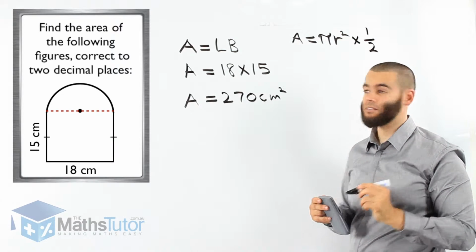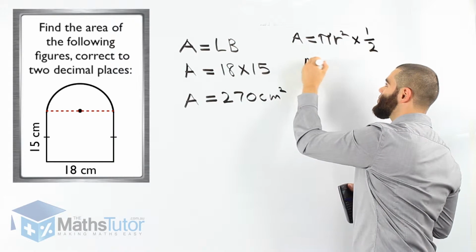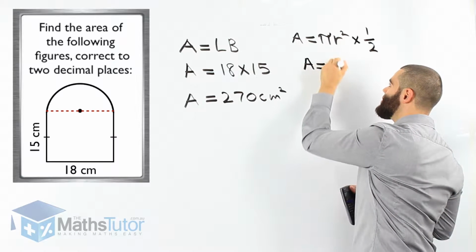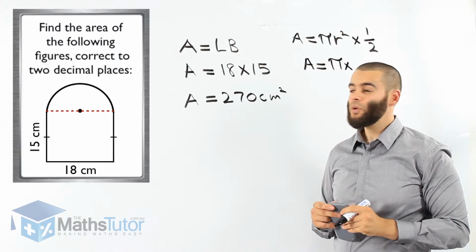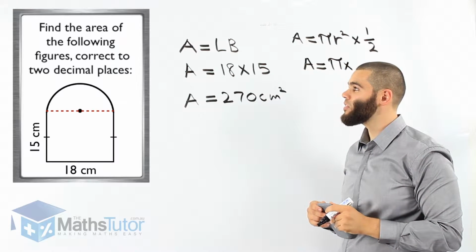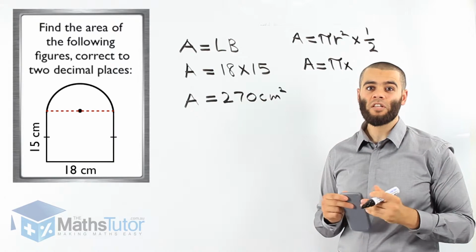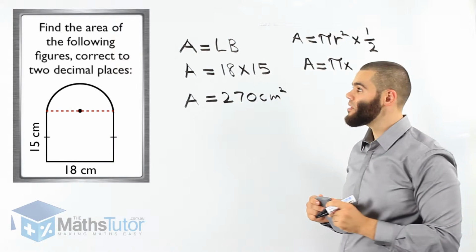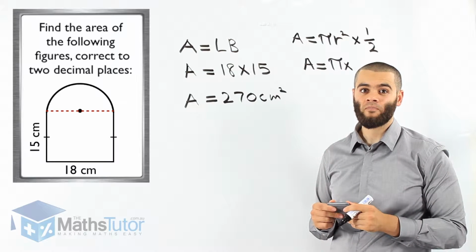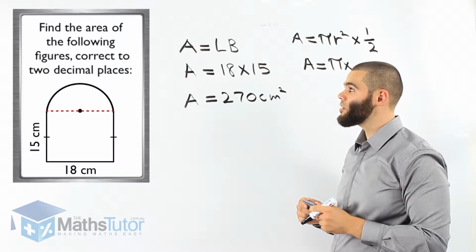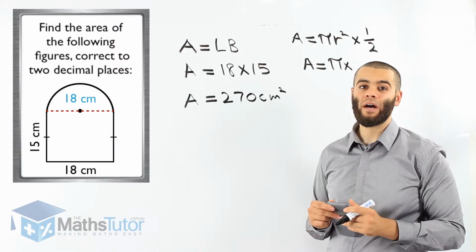Now we can work it out. A equals pi times the radius. Now hang on, we haven't been told any radius on top there with the red dotted line. We need to find the radius. We know that the bottom, which is the length of the rectangle, is marked at 18 centimeters. That means the dotted red line on top is also 18 centimeters.